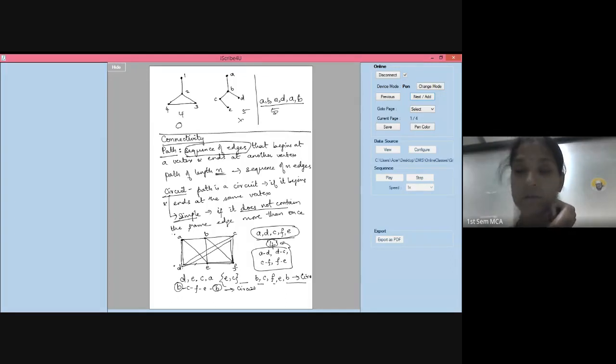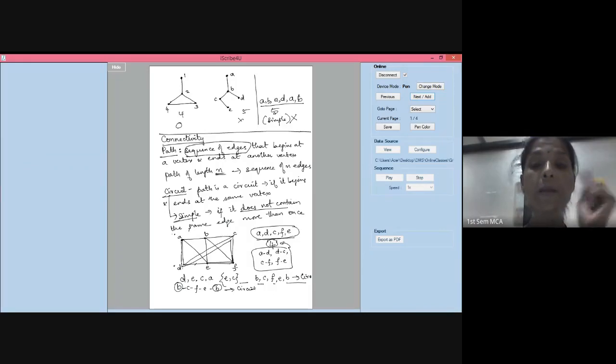No, the length is 5, because you have 5 edges there. This path or circuit is not simple. How did we define simple? If it does not contain the same edge twice.